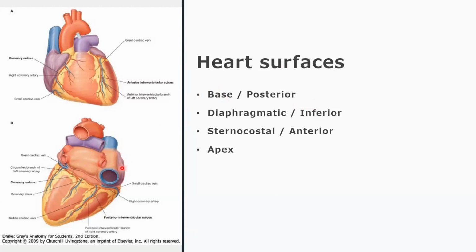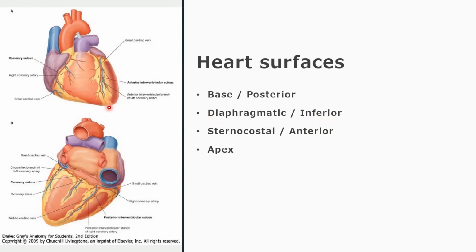So this is the base or the posterior surface. Then you have the diaphragmatic surface or the inferior surface, which is in contact with the diaphragm. Then you have the sternocostal surface or the anterior surface, which is in contact with the thoracic wall. Then you have the apex, the tip of the heart.